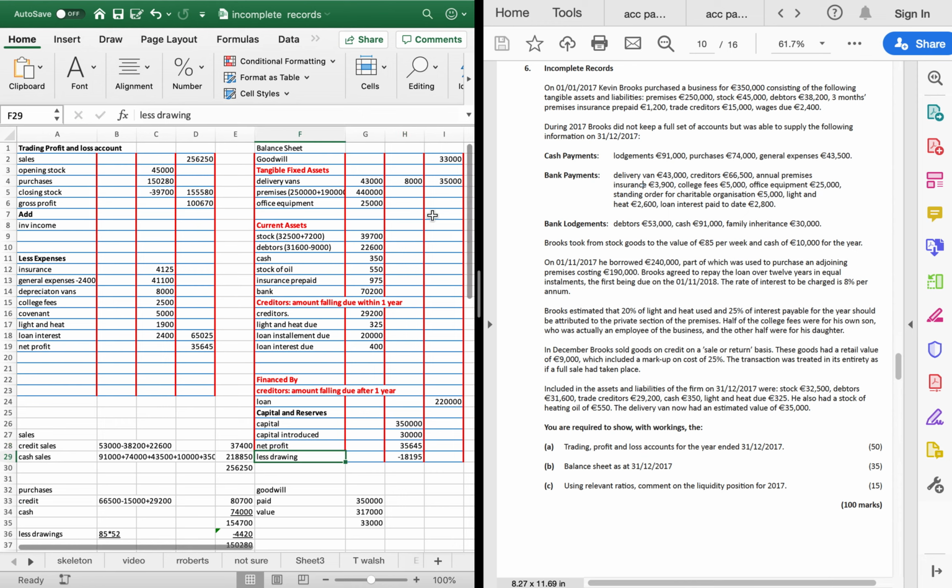Hopefully I've got the rest of this right. There were no drawings on your vehicles. There were no drawings on equipment, so that should be the 35 there. There was none on buildings. That's 440. There was no depreciation either. And the office equipment 25,000.